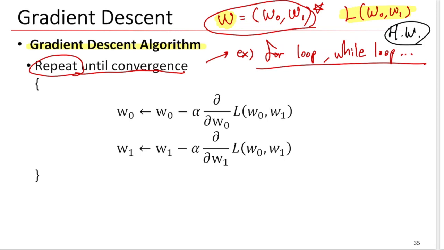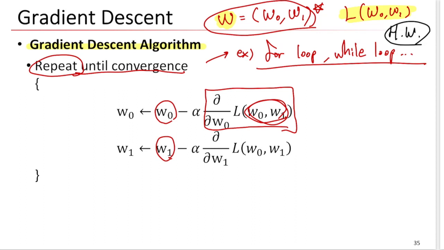So if you remember the gradient, we want to use the gradient. Let's say we start from some initial values here, and we want to follow the gradient at the current point.